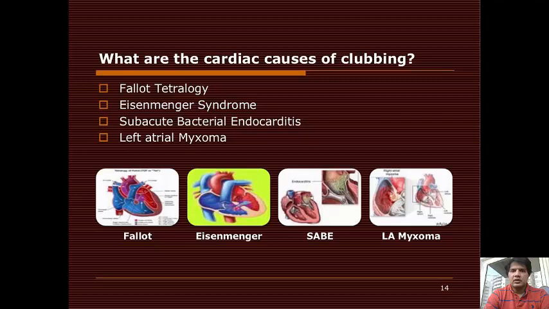Eisenmenger syndrome. Here, in a normal ventricular septal defect or atrial septal defect, the left ventricle gives blood to the right ventricle because the left ventricle has high pressure, right? But gradually over a period of time, the pressure in the right ventricle will rise, because the right ventricle is not that compliant. So the right ventricle pressure will rise and blood will be pumped back into the left ventricle.